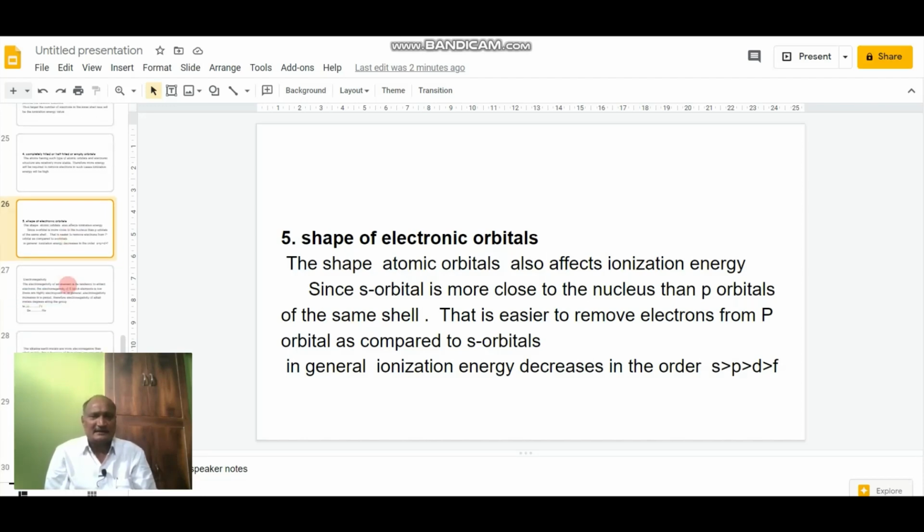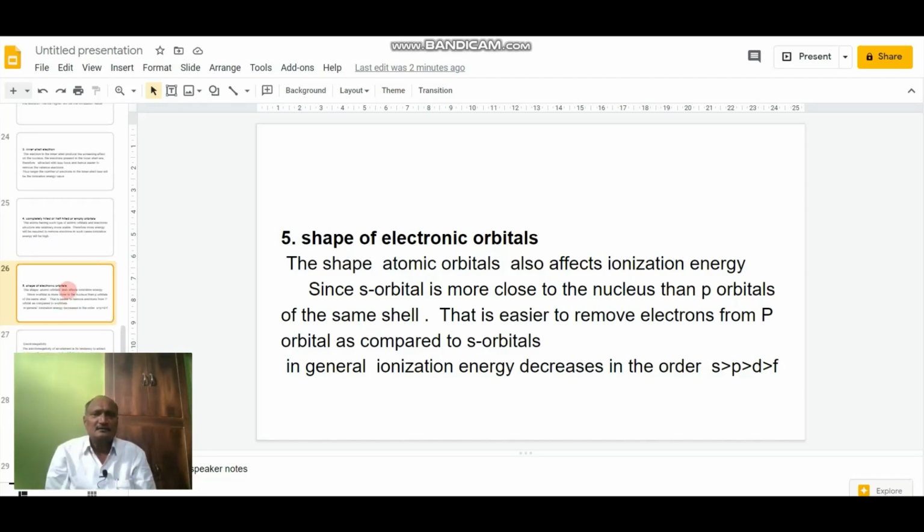The last factor, that is the shape of the atomic orbitals. The shape of the atomic orbital also affects the ionization energy.